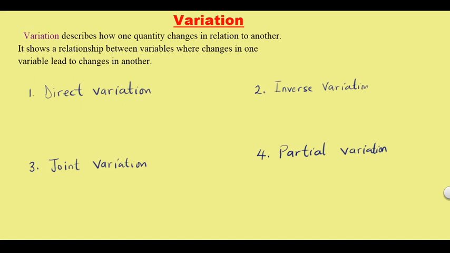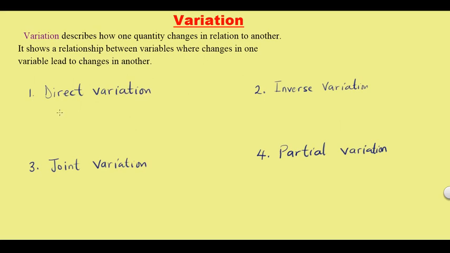For direct variation, this occurs when a variable increases or decreases in direct proportion to another variable.